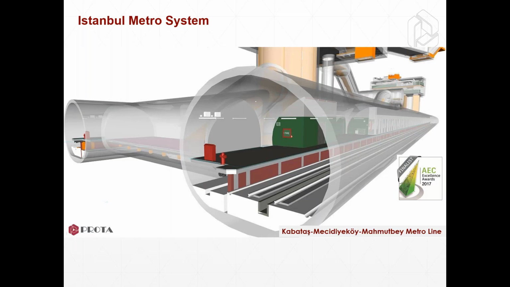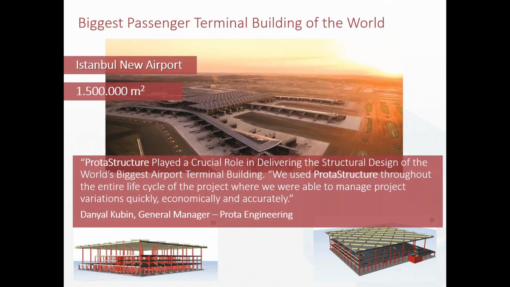The metro stations, much of the metro in Istanbul, as well as in Eastern Europe, we've been involved with designing. We did recently finish the new international airport in Istanbul. This is the largest terminal building in the world, and the delivery of this was a very tight schedule and posed numerous challenges.